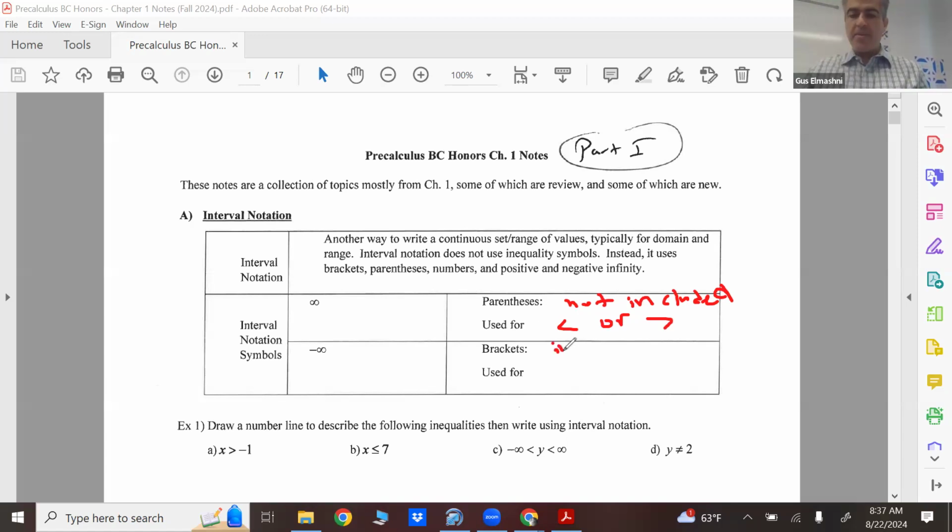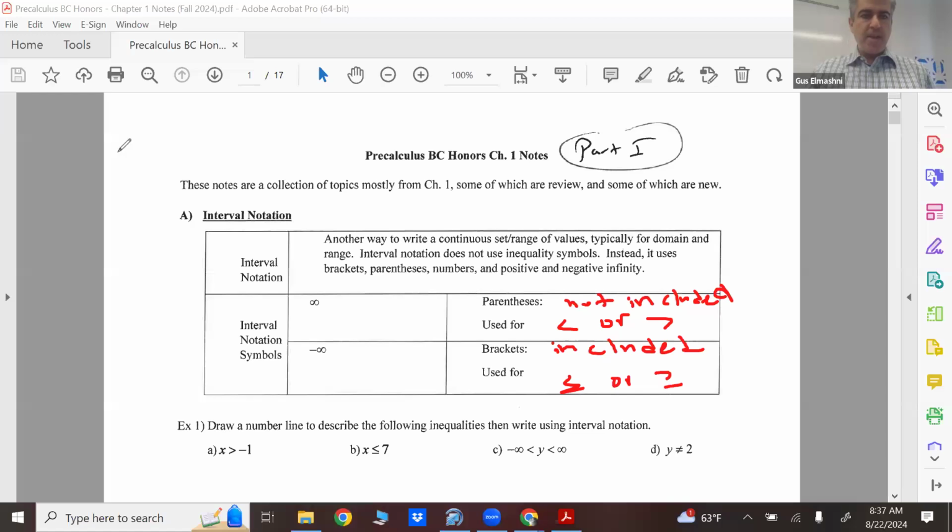Brackets mean it's included. You'd use that for less than or equal to or greater than or equal to. Of course, we know what infinity means: going to the right forever, and negative infinity going to the left forever.